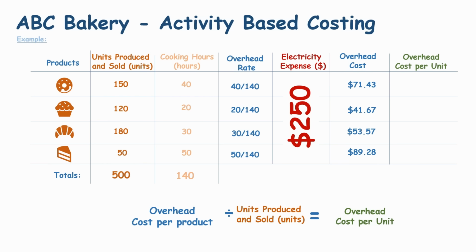So here we can see that each bagel contributes 48 cents to the electricity expense, a muffin contributes 35 cents, a croissant contributes 30 cents, and a cake contributes $1.78.